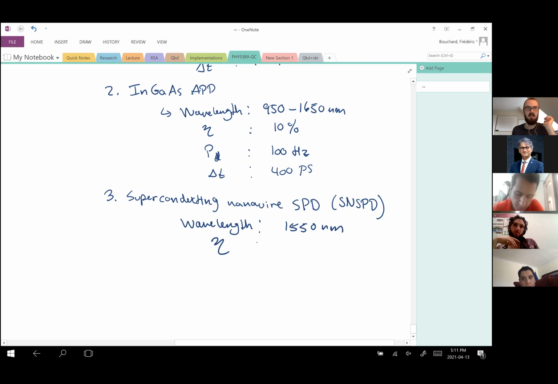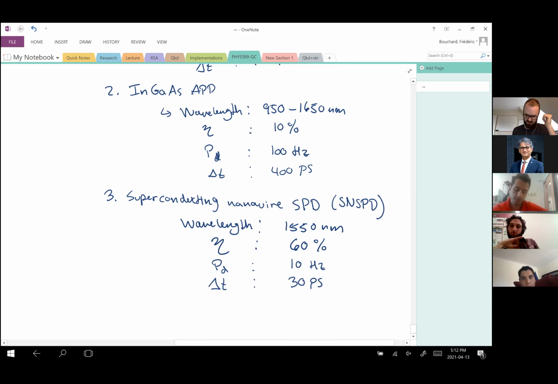Their efficiency is much better for the telecom region compared to InGaAs detectors. They have really low dark counts. That's really one good thing. And their timing jitter can also be quite low. This can be 30 picoseconds.